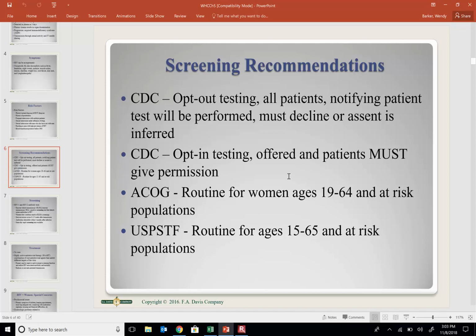ACOG, the American College of Obstetricians and Gynecologists, recommends that we do routine testing on women ages 19 to 64, and of course at-risk populations, which will fall in that 19 to 64 range, but at-risk populations can be the 16 age range. The United States Preventive Services Task Force recommends routine screening for ages 15 to 65 and at-risk populations.